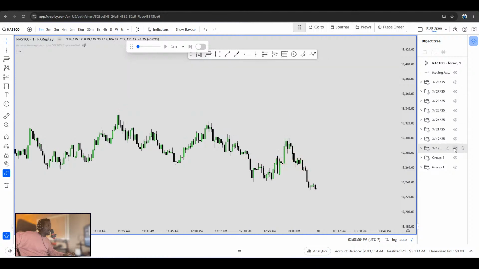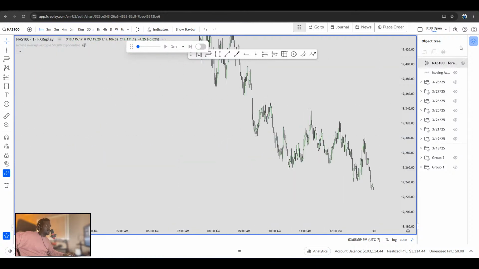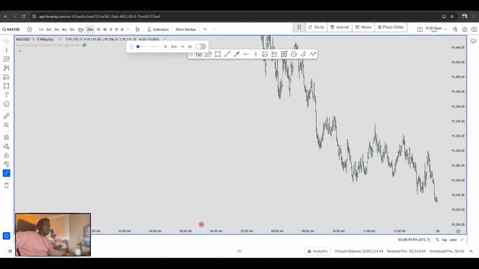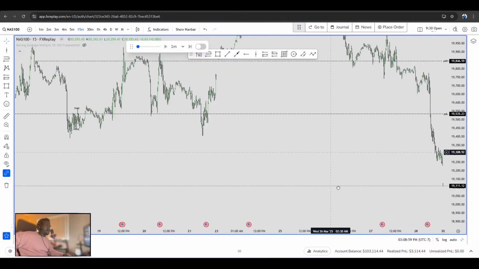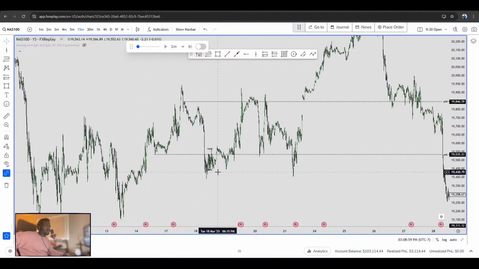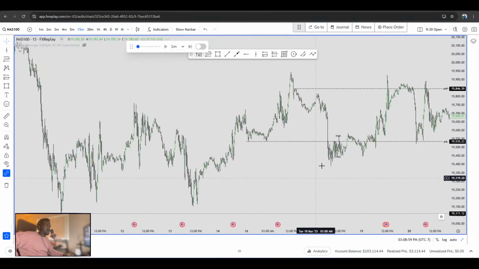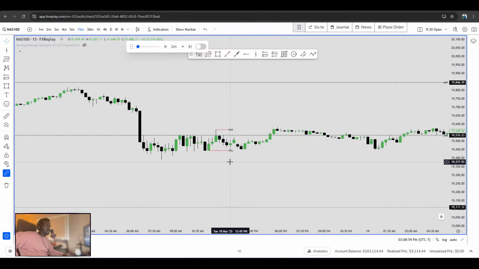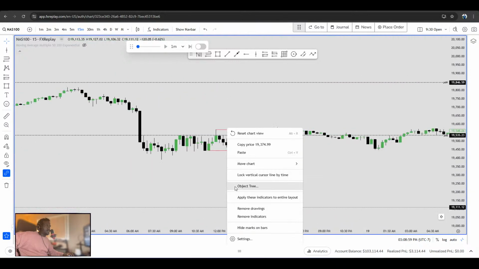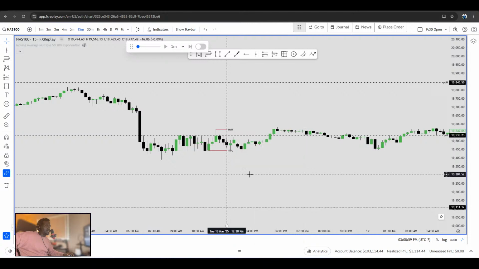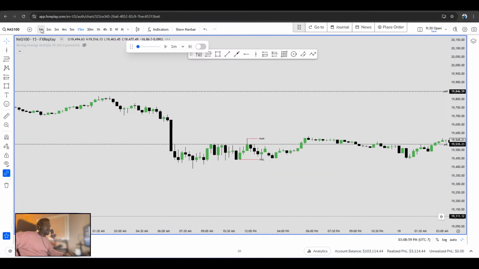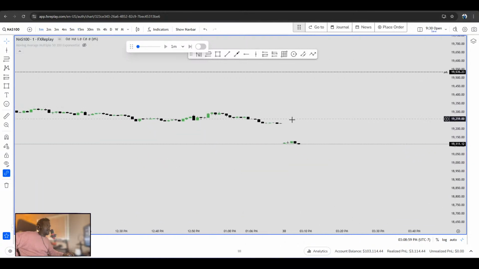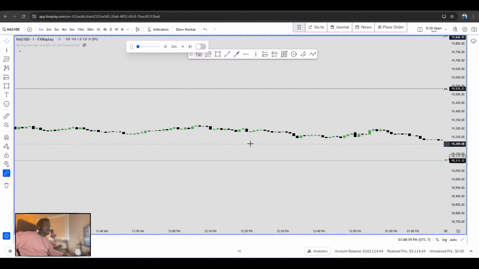That was a 318. I don't even remember this day, man. I think I found a faster way to go back. It's somewhere here. 318. Then what you do is you right click and lock vertical cursor line by time. And I think if I do one, how does it work?